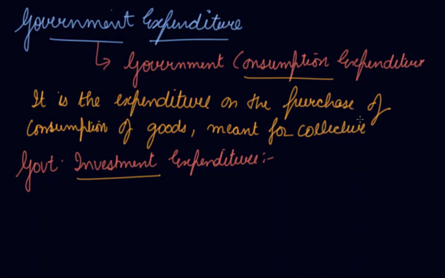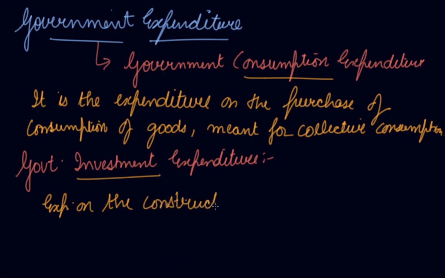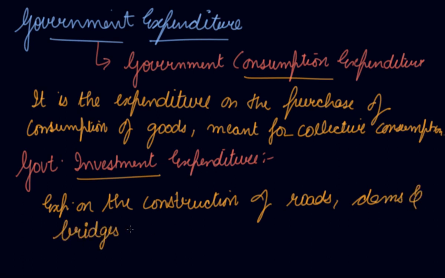Means you are buying the goods for the consumption. You are not doing any investment in that case, right? So government investment expenditure now is expenditure on the construction of roads, dams, and bridges are your government investment expenditures.